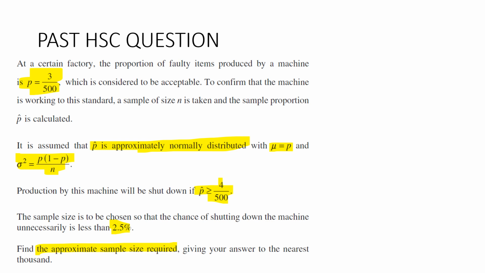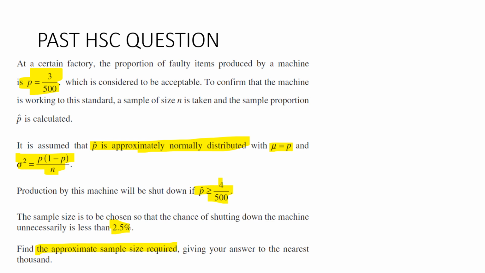Okay, here's a past HSC question. At a certain factory, the proportion of faulty items produced by a machine is P equal to 3 on 500, which is considered to be acceptable. To confirm that the machine is working to this standard, a sample of size n is taken and the sample proportion p hat is calculated. It is assumed that p hat is approximately normally distributed with mu equal to p and sigma squared equal to p(1 minus p) all over n.